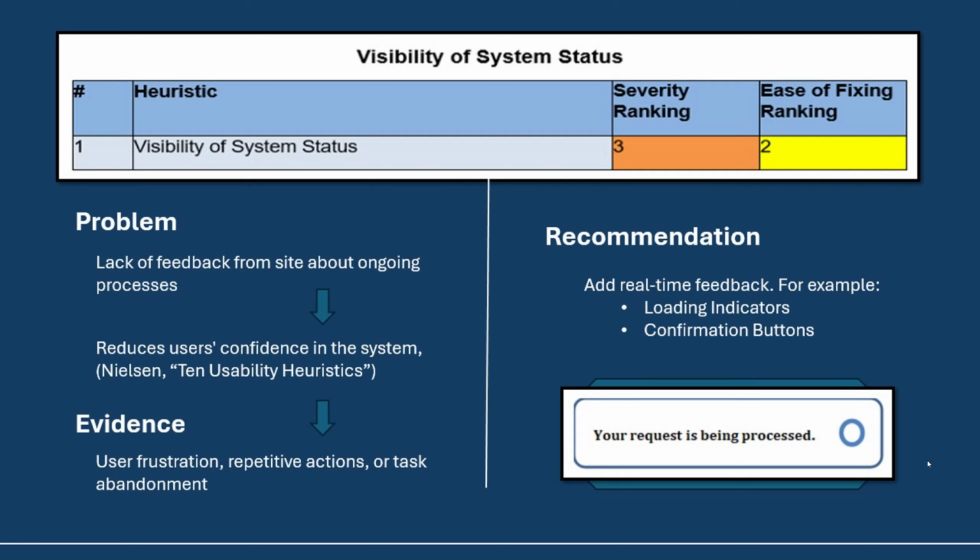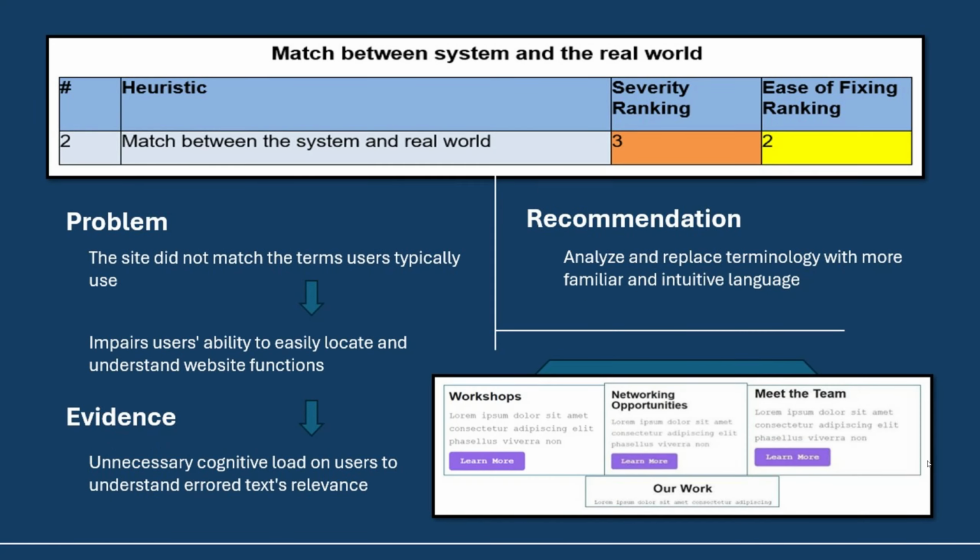The absence of this feedback in the Wix website diminishes user confidence in its functionality. During user testing, it was found to cause an increase in user frustration, task abandonment, and even a tendency to perform repetitive actions. Some recommended ways to combat this are implementing system status feedback in the form of things like loading indicators and confirmation buttons.